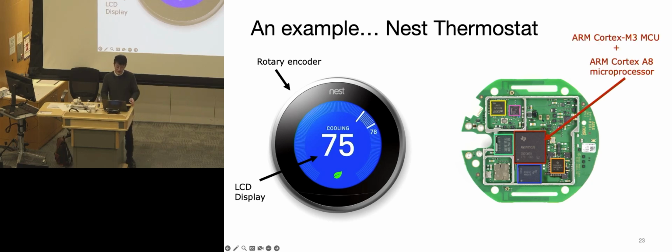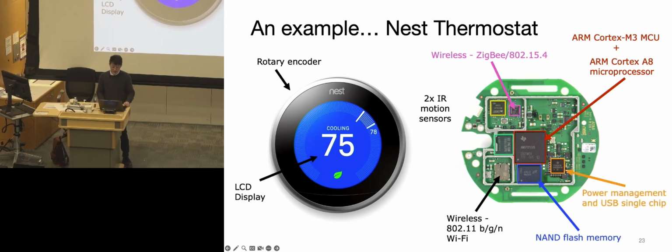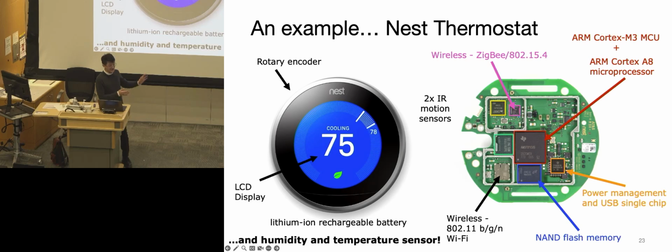We have a Cortex microprocessor, very similar to what we're going to use in the course. Wi-Fi modules, another wireless communication, Zigbee, some memory modules, and IR motion sensors so that it knows there are people in front of it to light up, etc. And power management, of course, as well as battery. And a temperature and humidity sensor, just in case you need to actually use it.